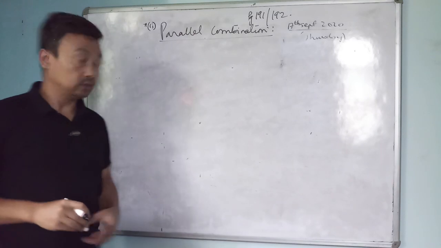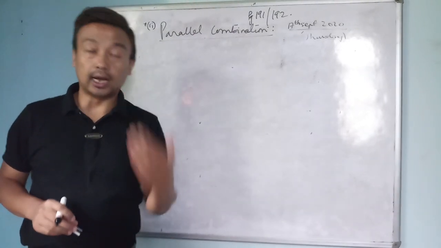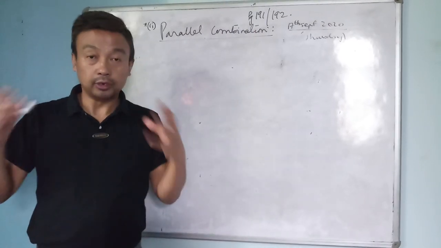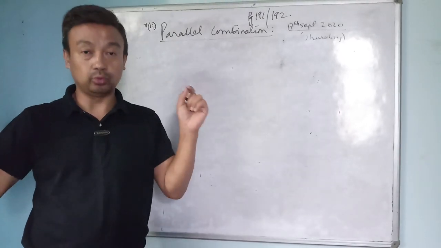So we have in this case also taking three resistors. Let R1, R2 and R3 be connected in parallel between the two endpoints A and B. These are the two endpoints.